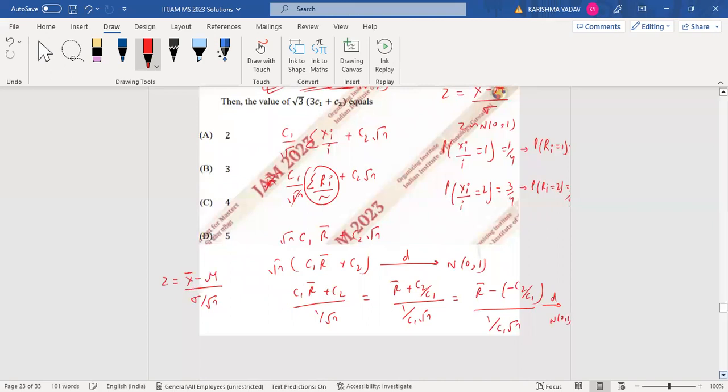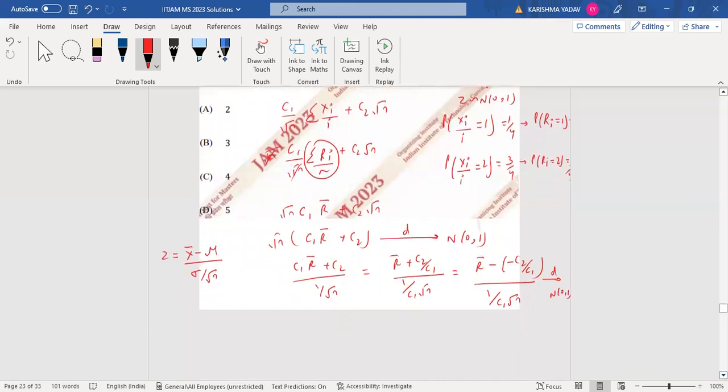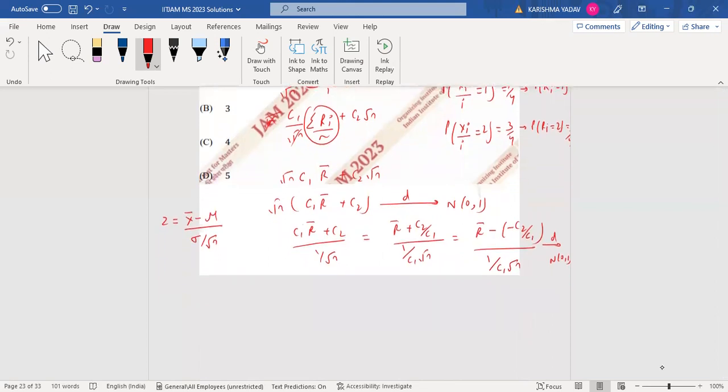As it is going to normal 0 comma 1, we have R bar plus c2 by c1 upon 1 by c1 root n, converging in distribution to Z, which is x bar minus mu upon sigma by root n, following normal 0 comma 1.